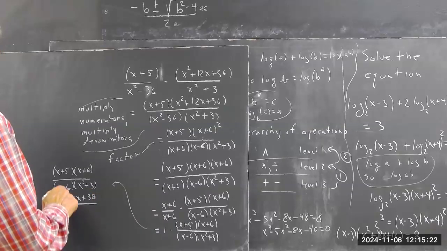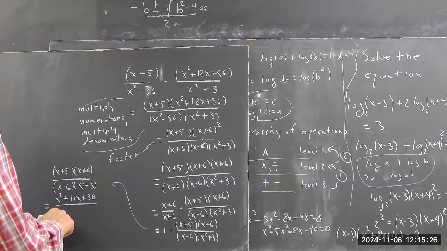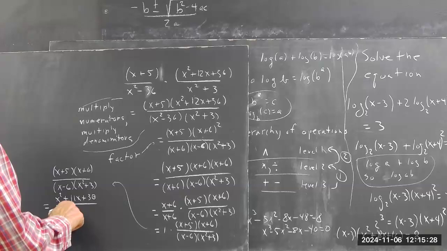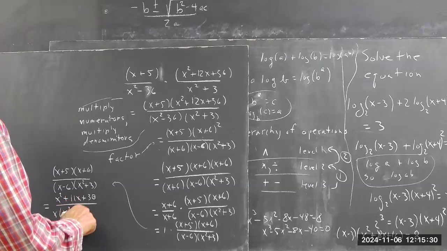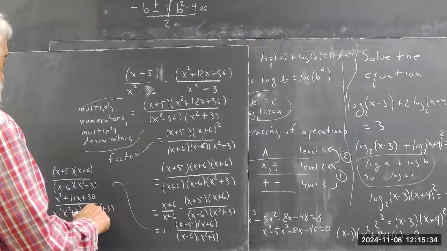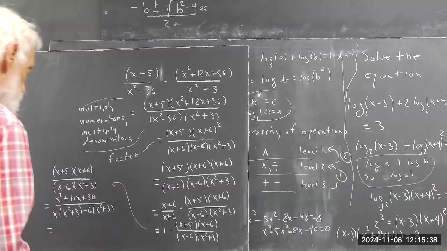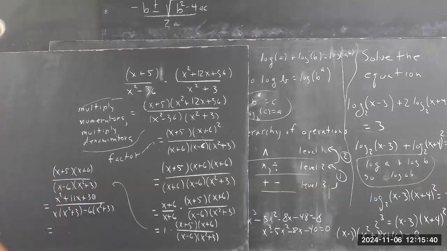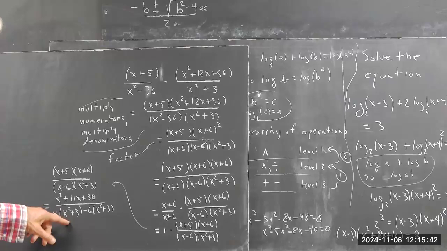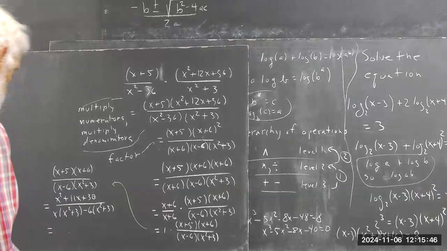over, and we're going to be a little careful. I'm going to say we better use the distributive law here so we don't do anything careless. Okay. X minus 6 times x squared plus 3 is x times x squared plus 3 minus 6 times x squared plus 3.